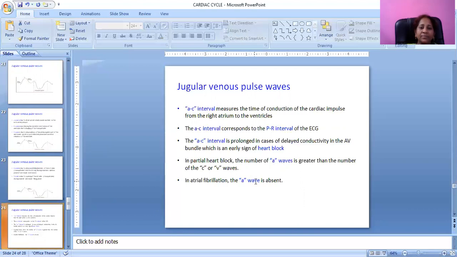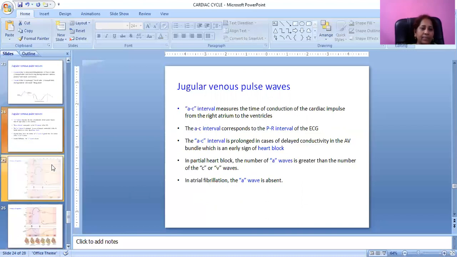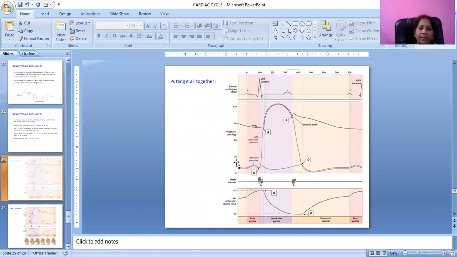The number of A waves is greater than the number of C or V waves in partial heart block. In atrial fibrillation, A wave is absent. This is what we have told.